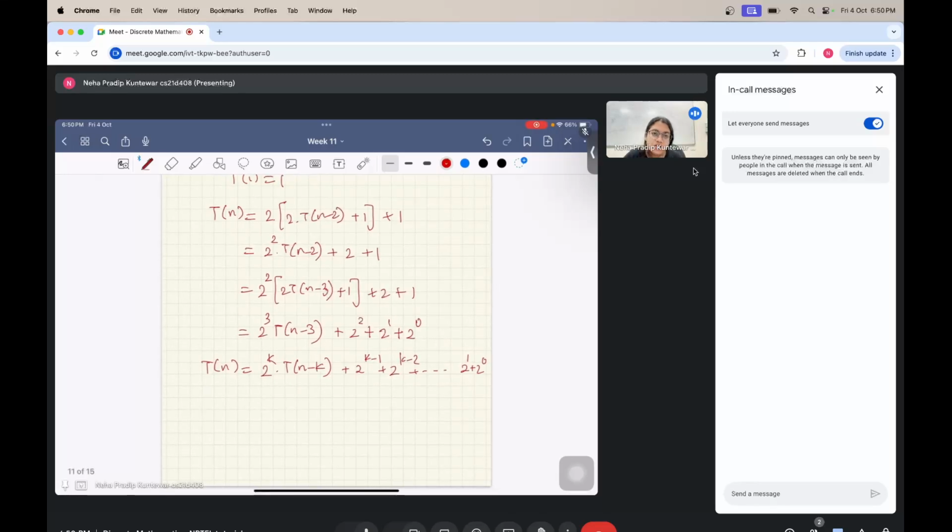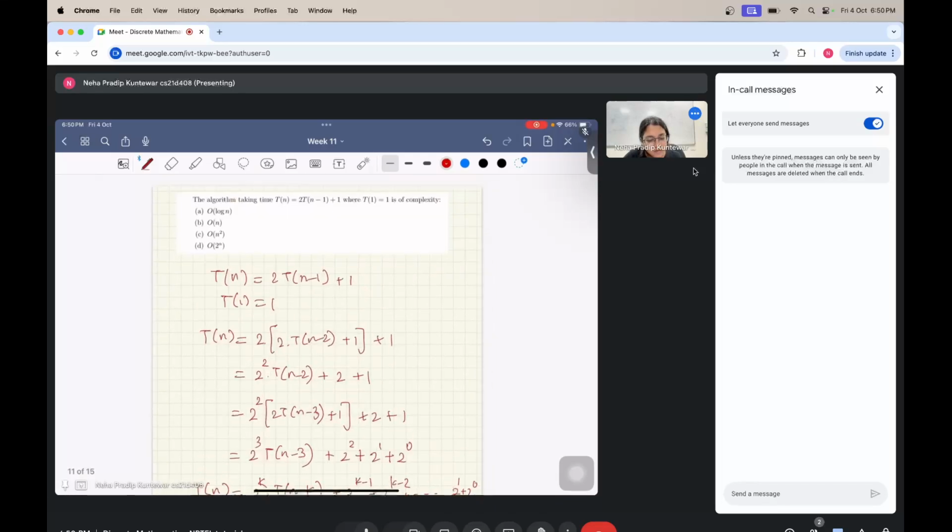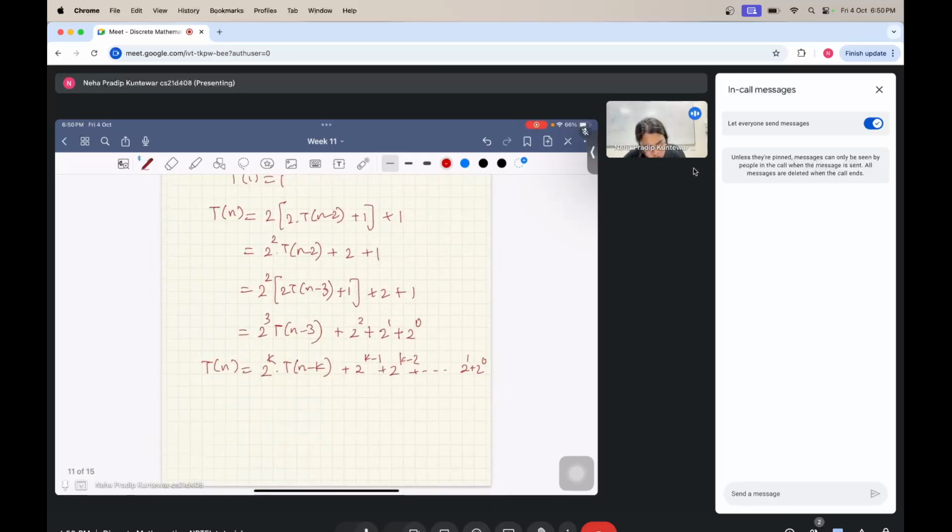And again we ask the same question: for what value of k does the problem become trivial? Let's choose, like earlier, k to be n minus 1. Then this becomes 2 to the n minus 1 t of 1 plus 2 to the n minus 2 plus 2 to the n minus 3, and so on, all the way up to 2 to the 0.